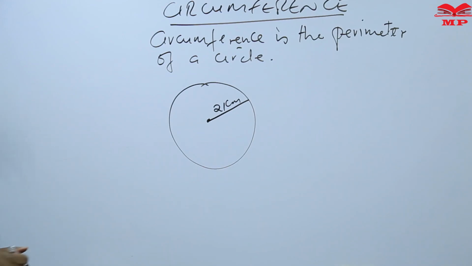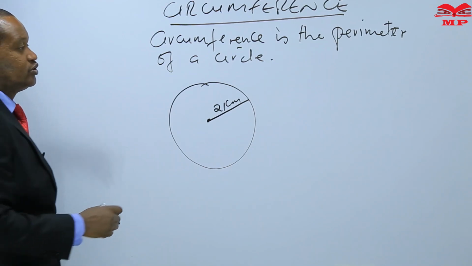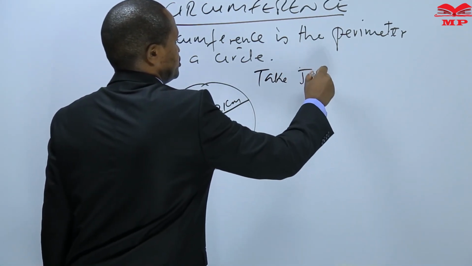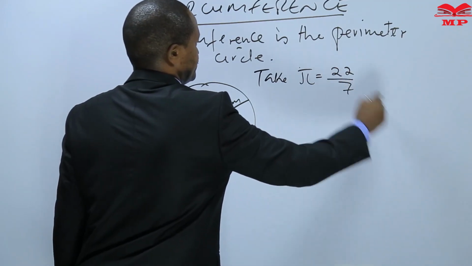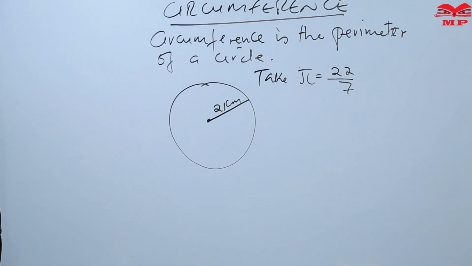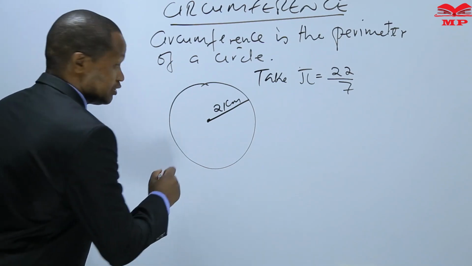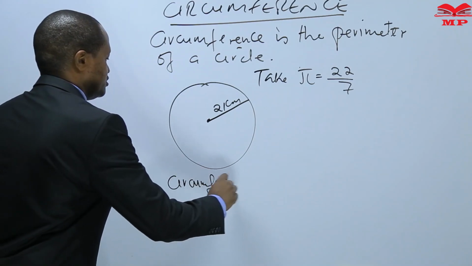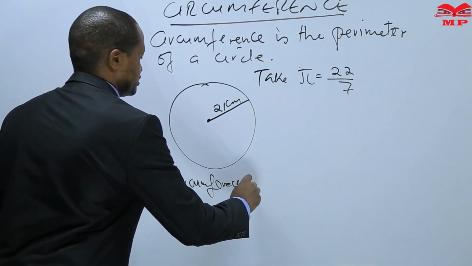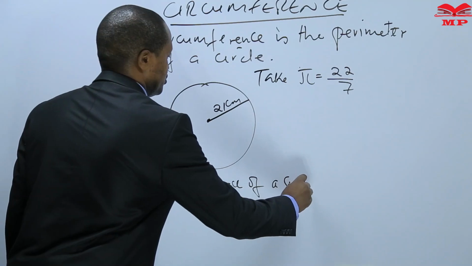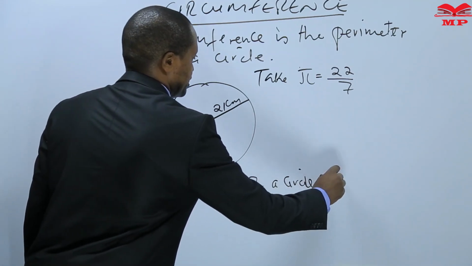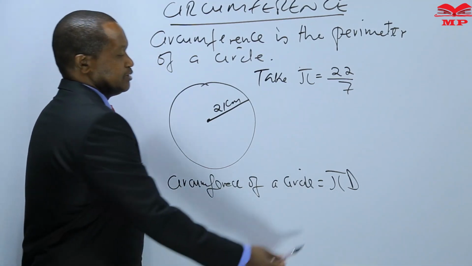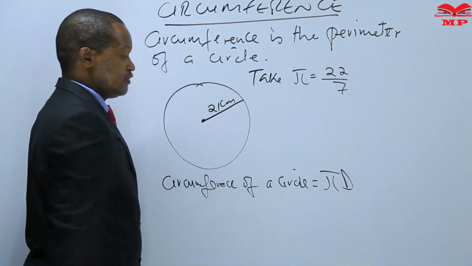The question is, what is the circumference of the following? Take pi to be 22/7. We know that the circumference of a circle is equal to pi d, where d is the diameter, and pi we have been provided 22/7.